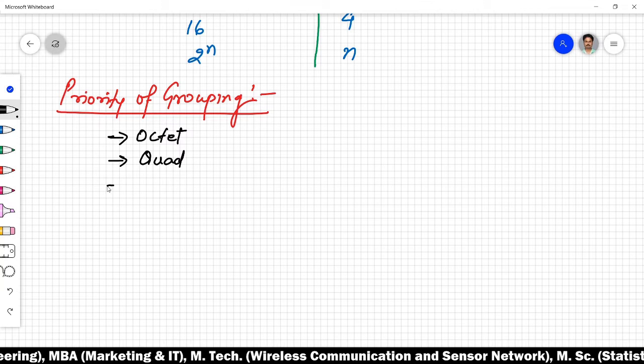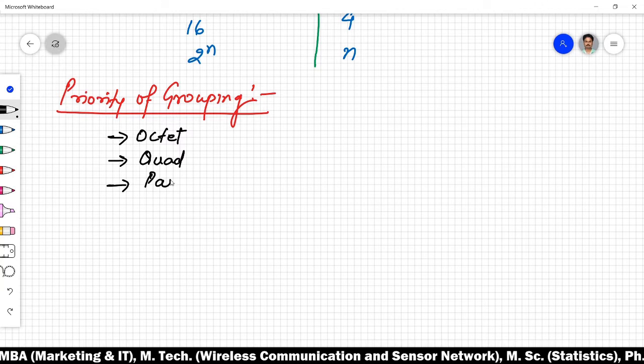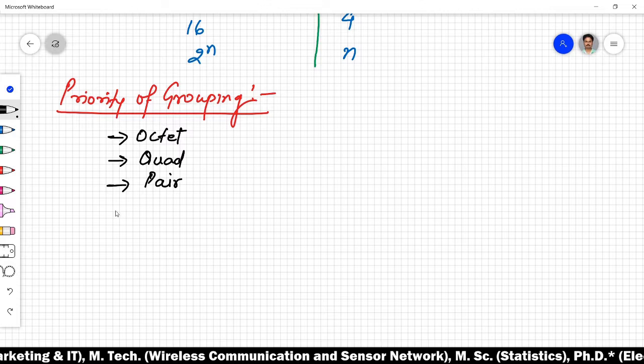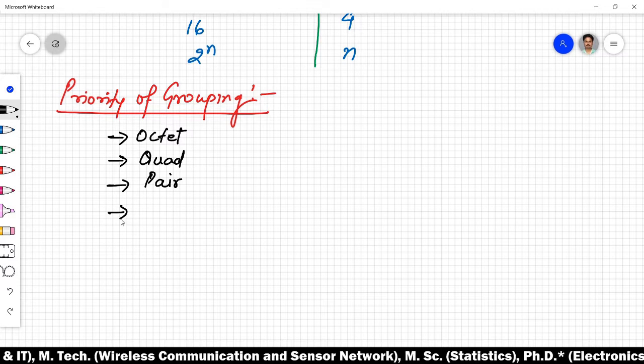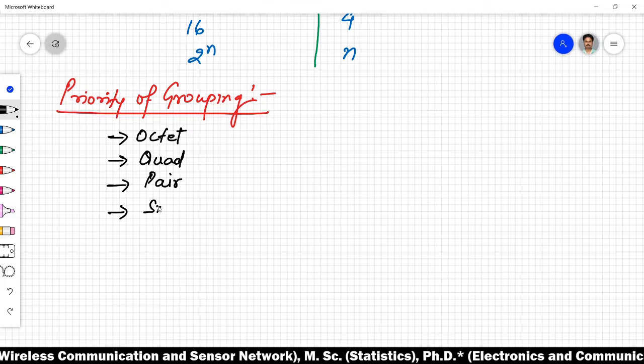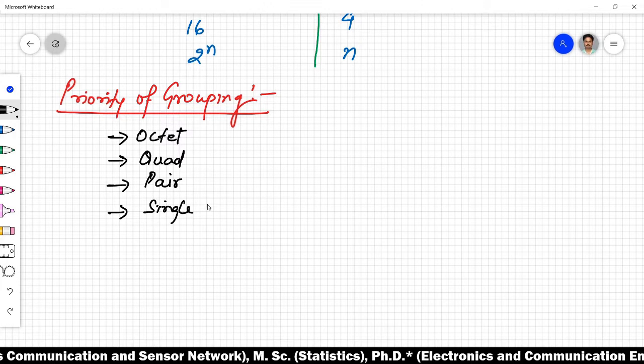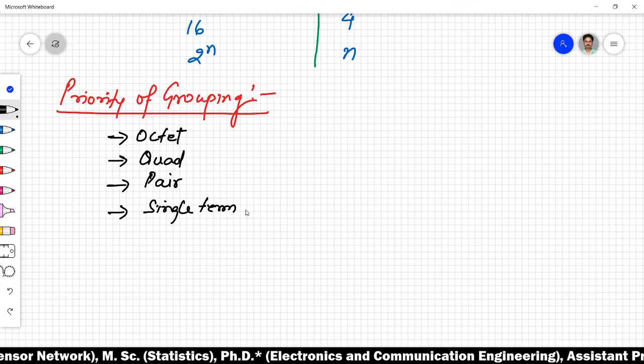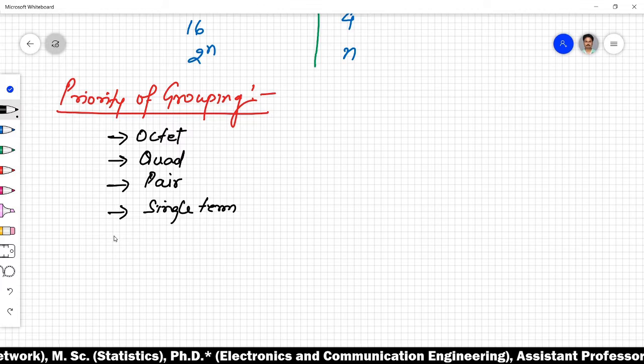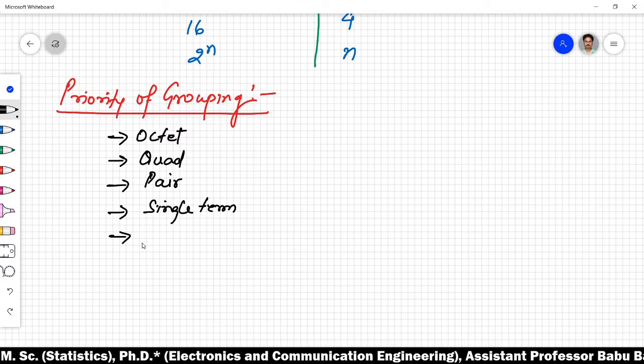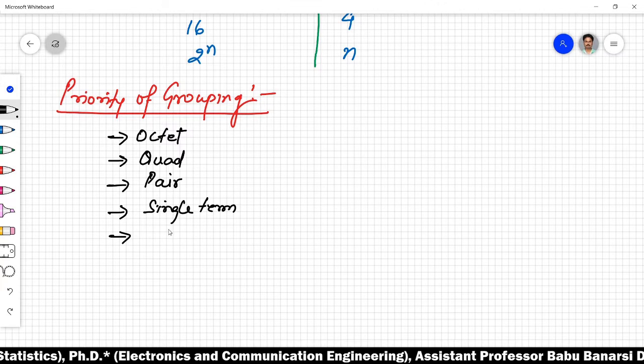If it is not there, then we will look for pair grouping. And if we are not able to make any group of adjacent cells, then the leftover single term will be reflected in the output of the simplification. Finally, if we have any redundant term, we will remove that.